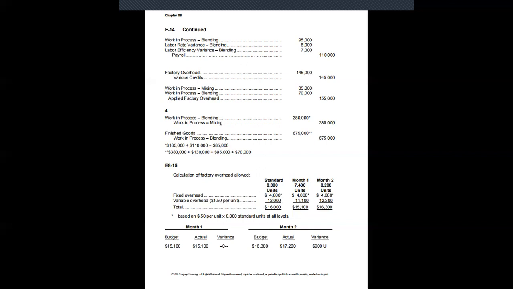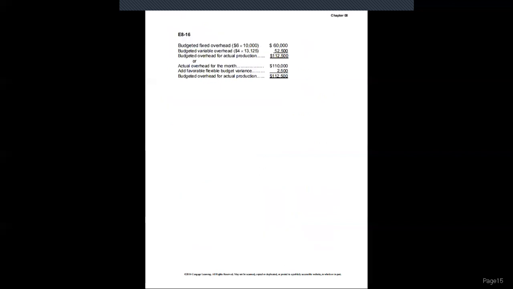So the variance is 900, 17,200 and 16,300. We have the variance between the actual and the budget. The variance is unfavorable in month 2.